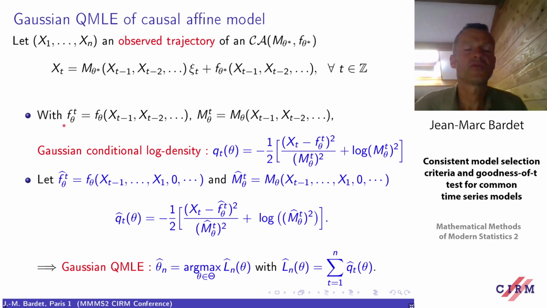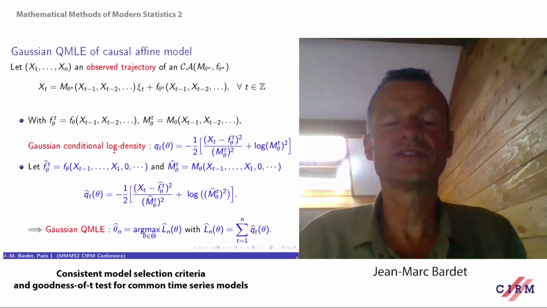We will say that for any theta in R^d, we will use the notation f_theta^t, which is f_theta of the past values of X_t, and m_theta^t is m_theta of the past values of X_t. Using this notation, we can define the Gaussian conditional log density of the process.